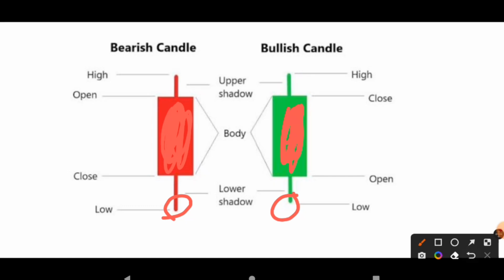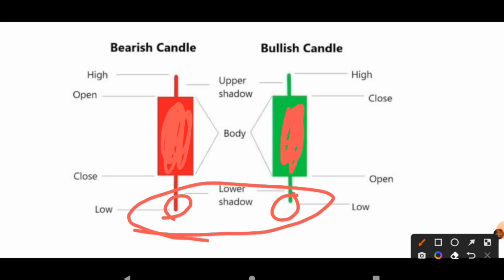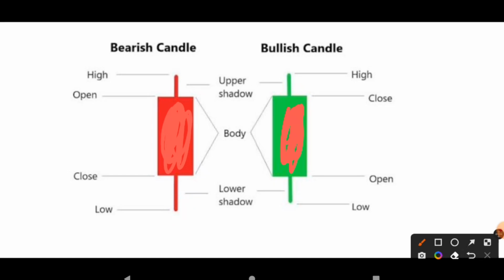These are all lower shadows. Then these are what we call the upper shadows. It can also be called the wick of a candle. Now, I'm going to pause this video and show you a live demonstration of a real candle, so you understand this very clearly.